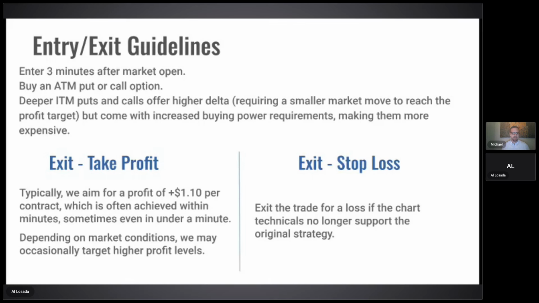What we go for in most cases is a profit target of $1.10 per contract. So I always say we want to take a thin slice of the sausage. If you want to hear a German example, we go for a target of $110 per contract, and we close again. My trading size is usually 10 contracts.